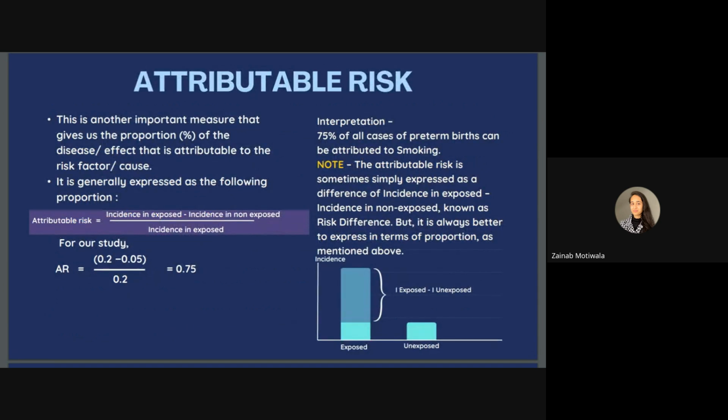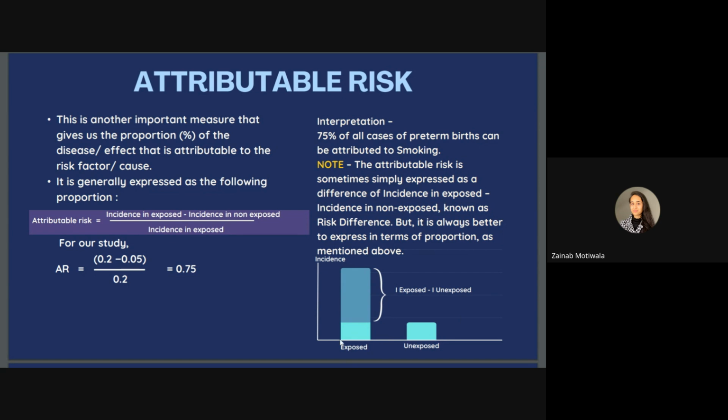Now let's talk about what attributable risk is. So relative risk gave us a good idea of the relationship between the cause and the effect. But what attributable risk tells us is the proportion of the disease that is attributed to a particular risk factor. The way one can calculate this is the incidence of the exposed, as you can see in this graph, subtracting the incidence of not exposed.